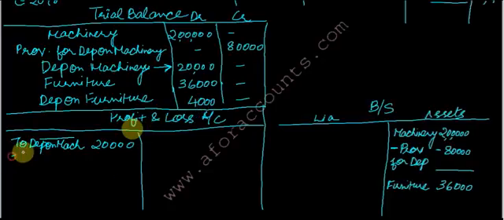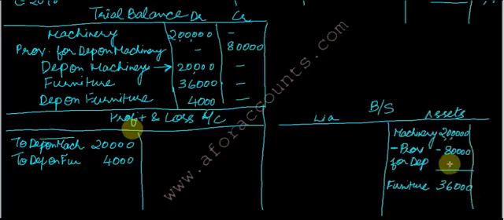So depreciation to depreciation on furniture, 4,000. If there had been a provision, I would have definitely subtracted it from the value of the furniture, but they have directly given depreciation on furniture. This effect has already been given in the assets. Now I need not subtract it again, so I will take this out simply.